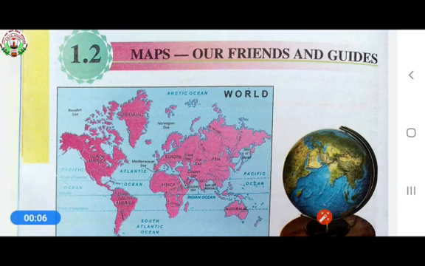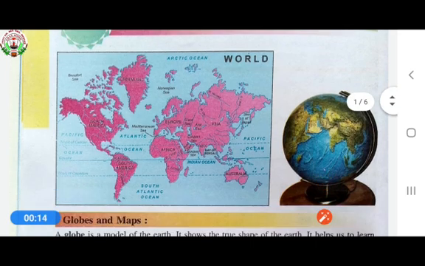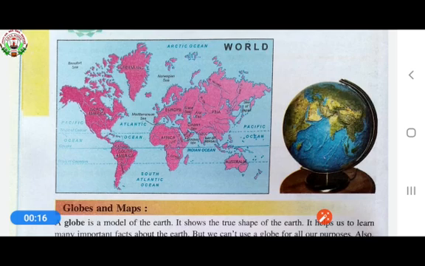Let's start our next part of Unit 1, that is 1.2, Map: Our Friend and Guide. In this chapter, students, you can see the picture of a map as well as the picture of a globe. In the picture of a map, you can easily find the continents, countries and water bodies.